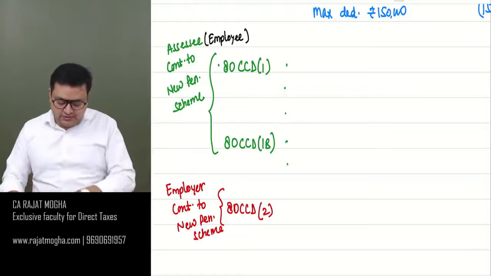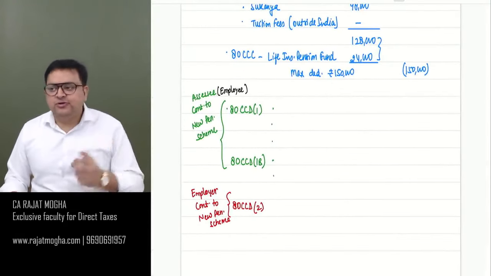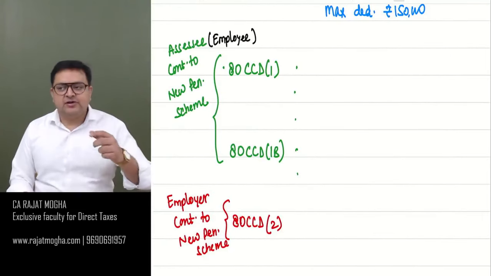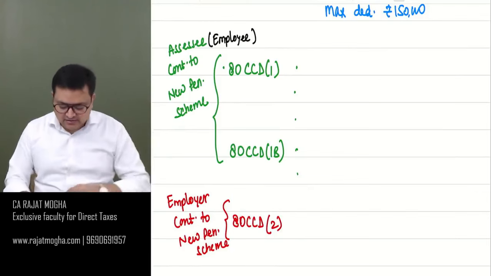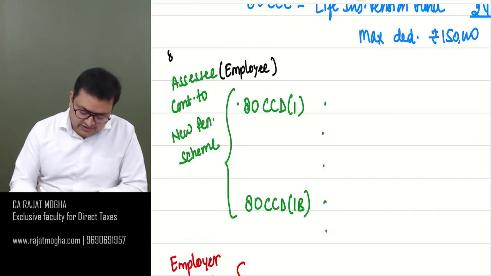Now, first of all, you have to understand how much these both are contributing. So in this question, they both are contributing 8,000 per month each, and it is for the complete year. So he is also contributing, John, 8,000 into 12, 96,000 rupees.